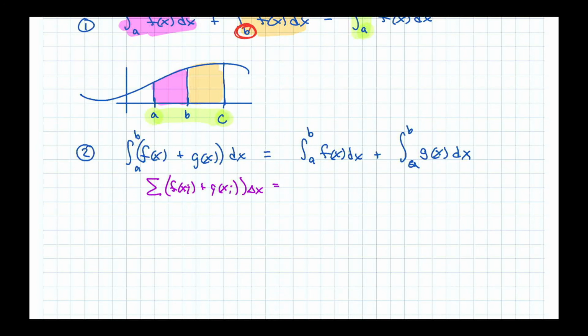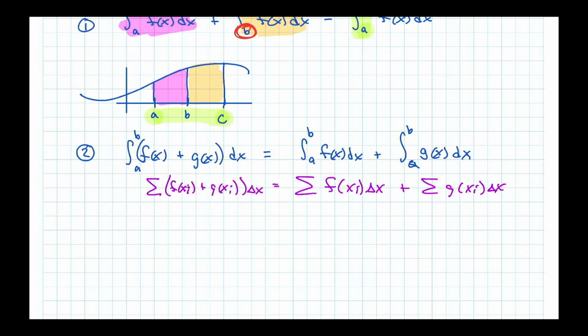That would be the sum of f of x i delta x plus the sum of g of x i delta x. Okay, so rules like this we learned for sums, and they apply directly to definite integrals as well, because definite integrals are defined in terms of sums.